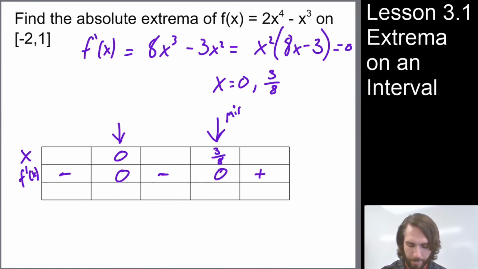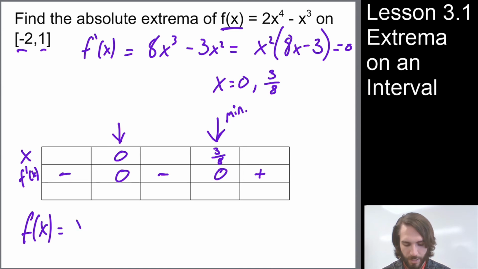Now there's a couple more places to check to find all of the absolute extrema. So we check the critical numbers, but we also need to check the endpoints to see what the values are there. So let's put in 3/8 and -2 and 1 into our original equation to see which is the true minimum and which is going to be the maximum value. So for 3/8, if I factor this out, f of x equals x cubed times 2x minus 1.